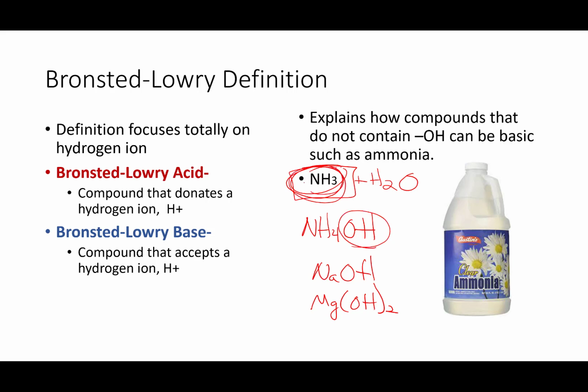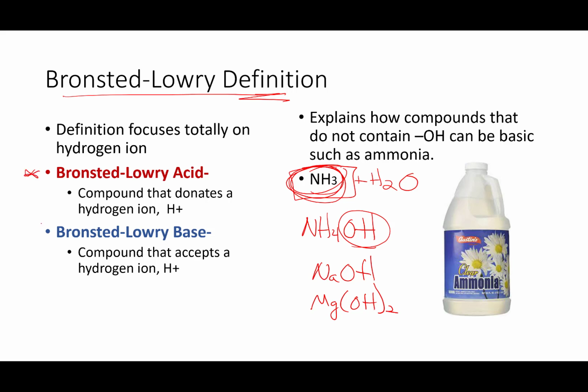But ammonia all by itself was a base. And chemists didn't understand, what do we do? How do we come up with a better definition of what makes an acid and what makes a base, beyond just the 50-year-old definition? So this is the Bronsted Lowry definition of an acid and a base.